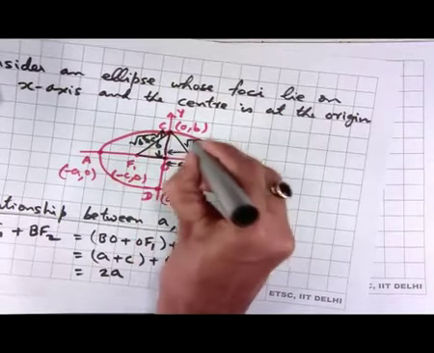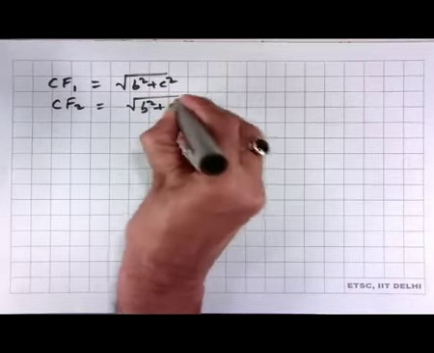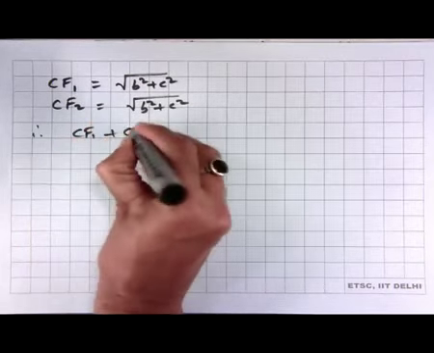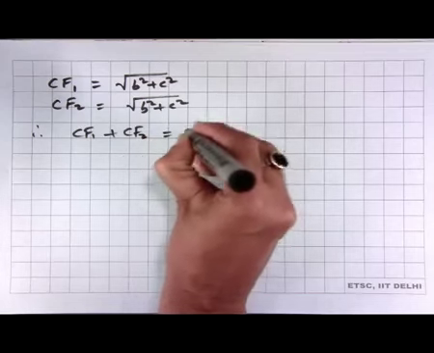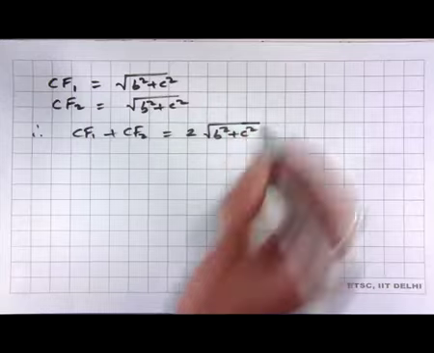Therefore, CF1 plus CF2 is equal to twice the square root of b square plus c square.